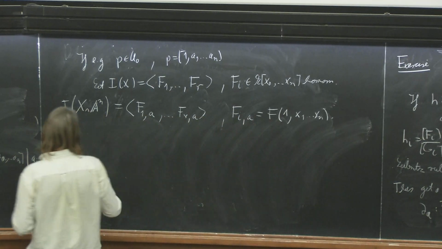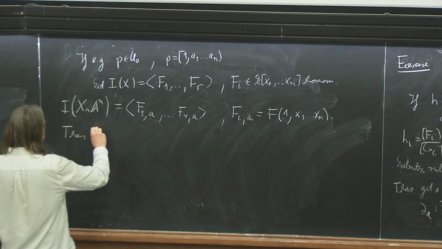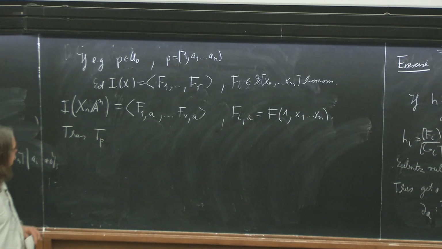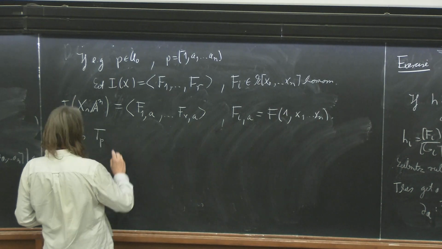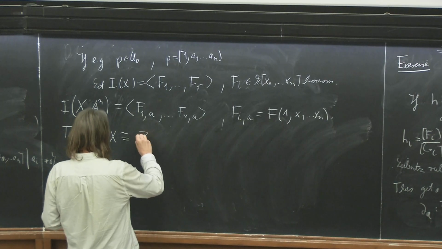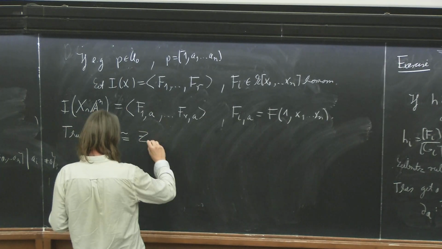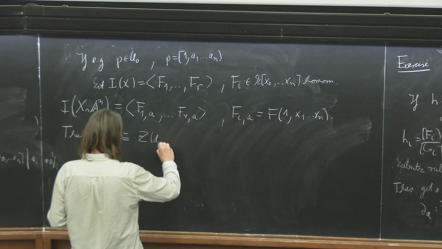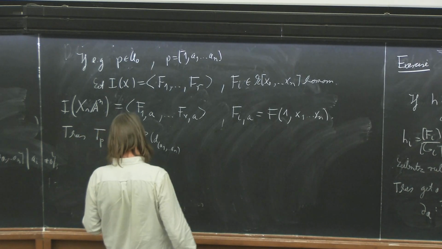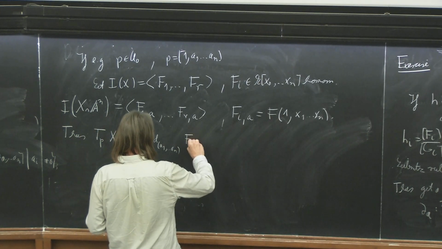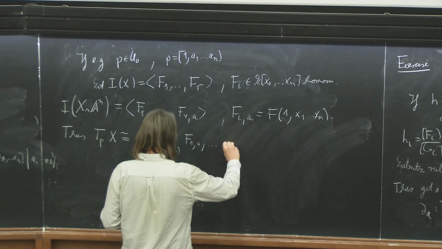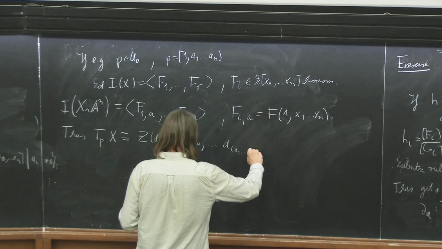And so thus the tangent space at our point P of X will be isomorphic to the zero set of the differentials d at (a1, ..., an) of F1^a up to d at (a1, ..., an) of Fr^a.